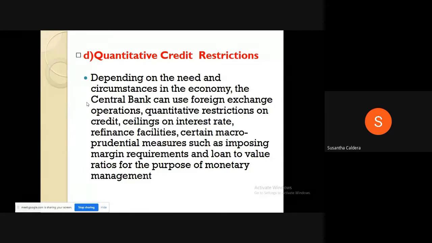Those margins should be in cash. Non-interest bearing deposits. Non-interest bearing margin, yes, right. But the banks cannot lend to build up that margin. Yes, you can't borrow from the bank and keep the margin.